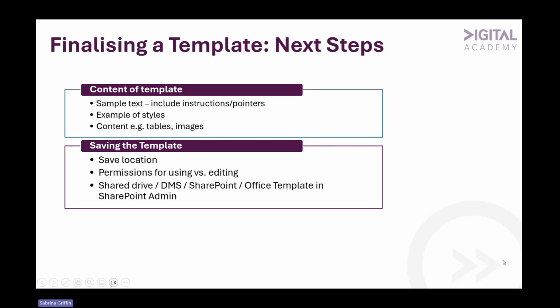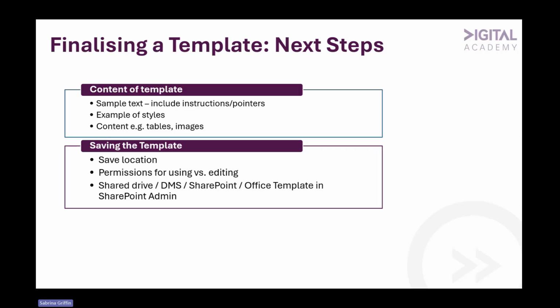So in terms of saving the template, we have to think about the save location. It might be that we want to use a shared drive. It might be that you're saving it to a document management system. It might be that you are using a SharePoint site or Teams, and you want people to be able to easily go into the SharePoint site or into Teams, select that template and just open it directly from there.